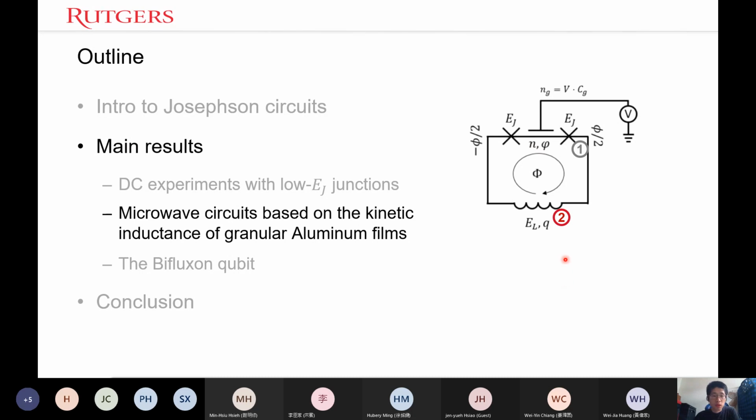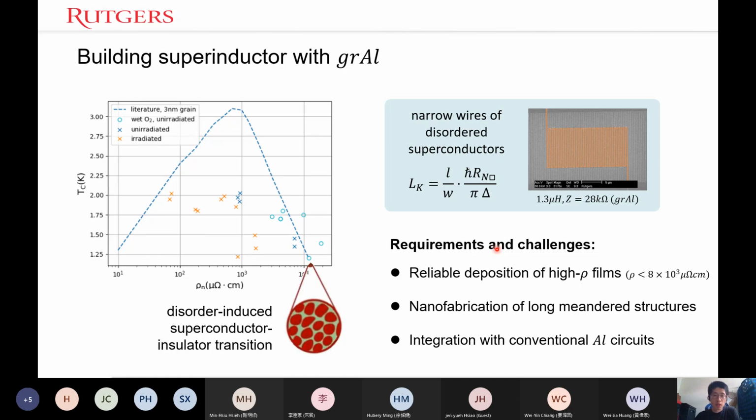Now let me try to dive into the result. The first result will be the microwave characterization of the material that I used to build the superconductor. Microscopically, we call it granular aluminum, where the red part is pure aluminum and the green part is aluminum oxide.